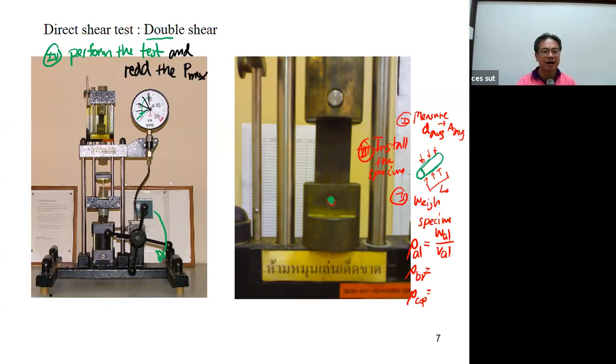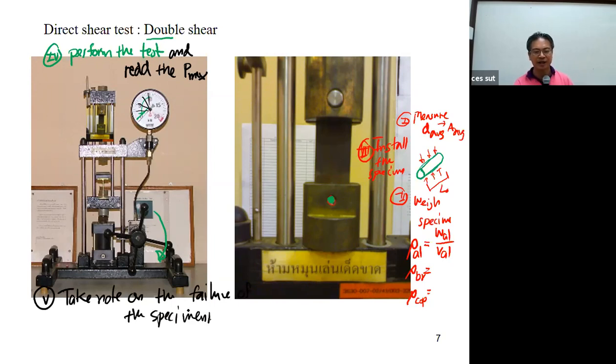And then the fifth, you take note on the failure of the specimen. You have to draw the picture of the specimen, and you can see the metal specimen.